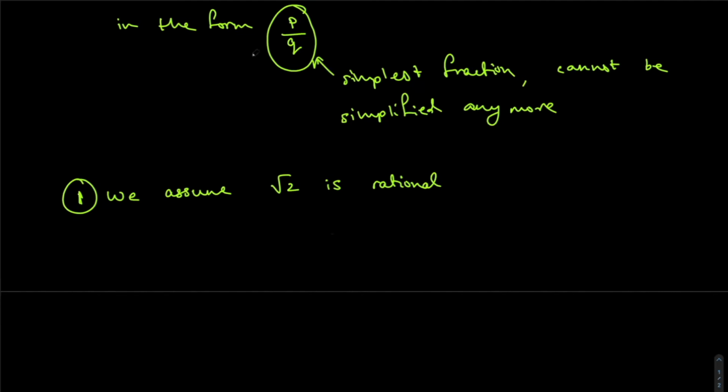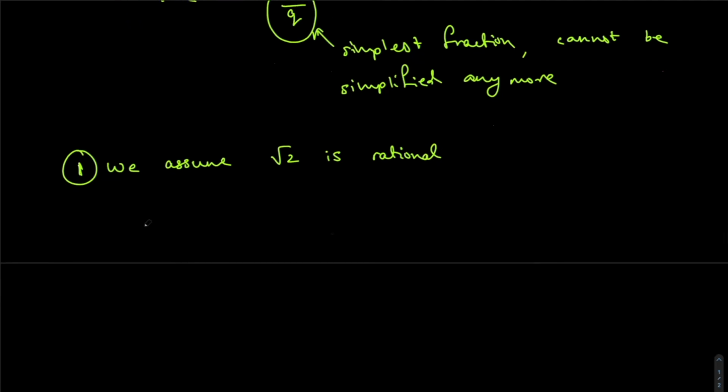When we say something is rational, it can be written in this form, so square root of 2 is equal to p by q, where p by q is a fraction in the simplest form that has no more common factors. The highest common factor is essentially 1 between them.